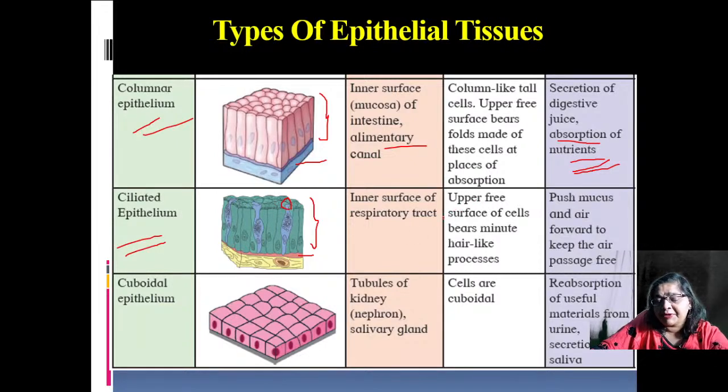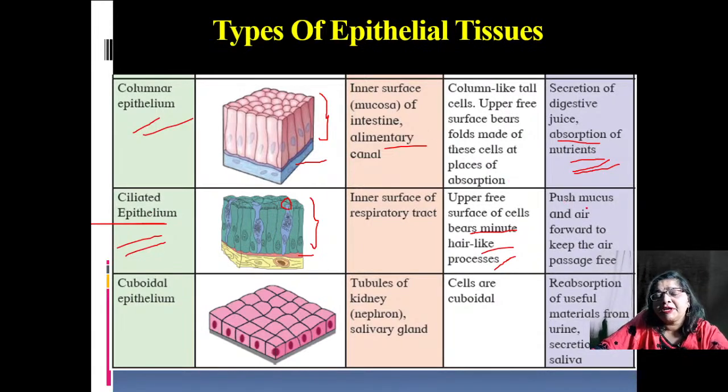of the respiratory system. And if you see the cell structure, the upper free surface of the cells bears minute hair-like processes, like cilia. They look like cilia, so the hair-like processes are simply termed cilia, and hence the epithelium itself is called ciliated epithelium.